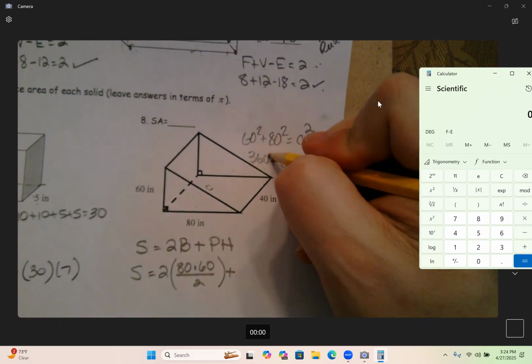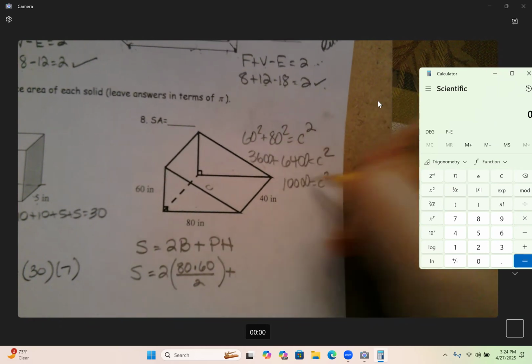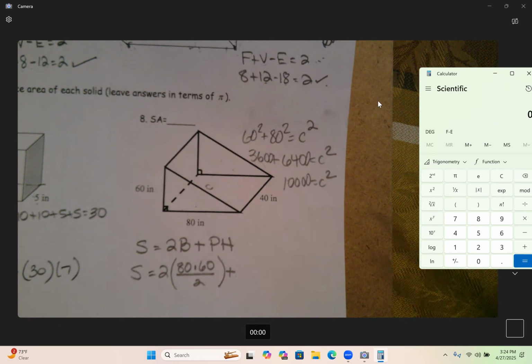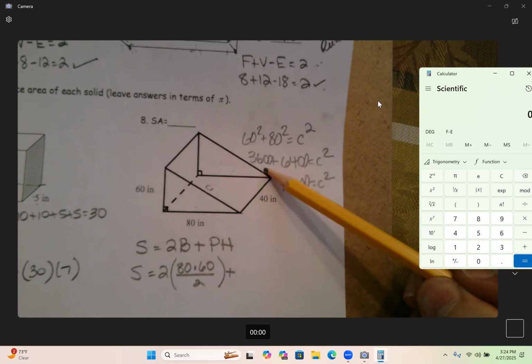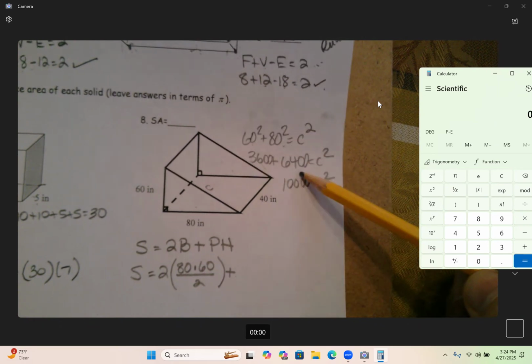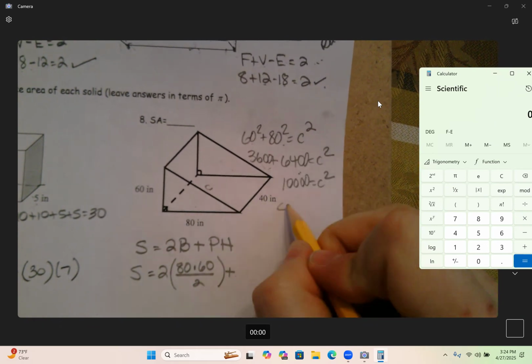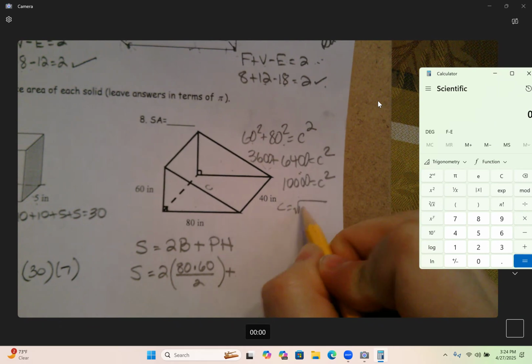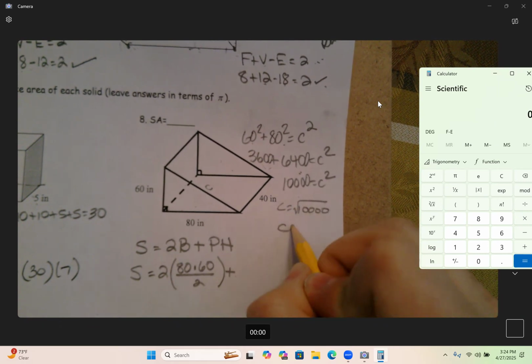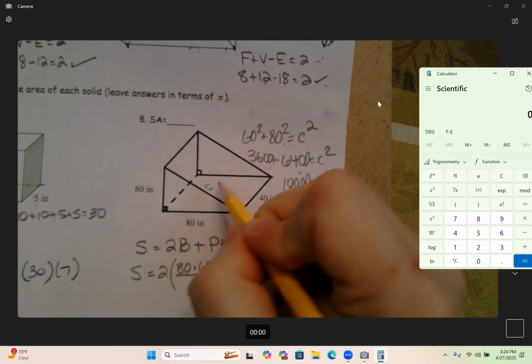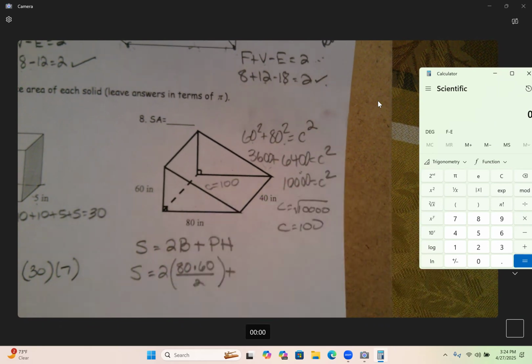Oh, I'm sorry. I knew something wasn't right there. 60 times 60 is 3,600. 80 times 80 is 6,400. 3,600 plus 6,400 is 10,000. So now we're going to take the square root of 10,000, which is 100. So this side is now 100.